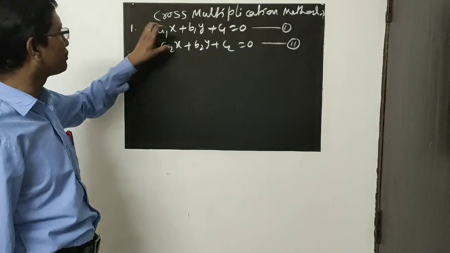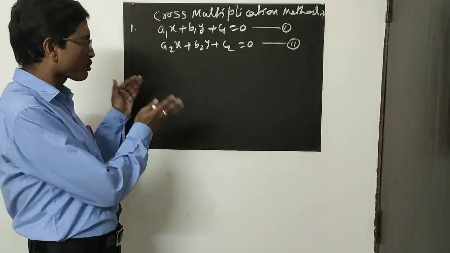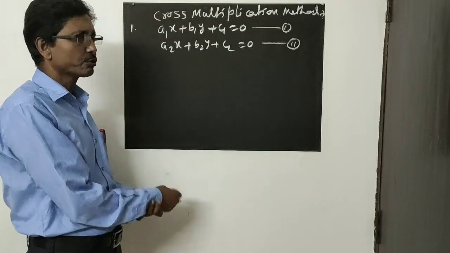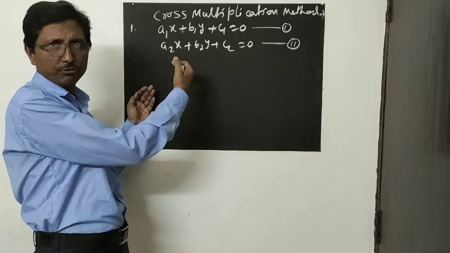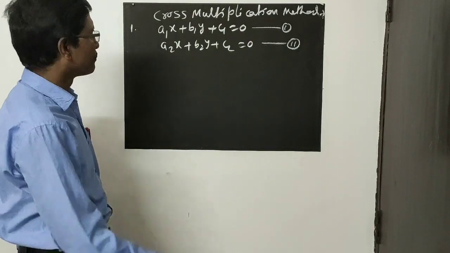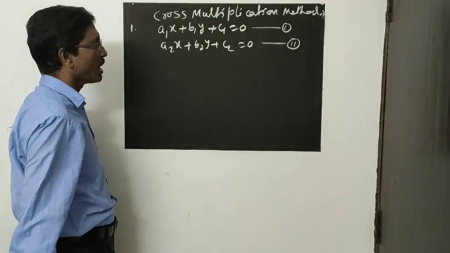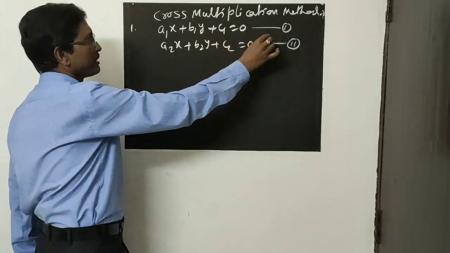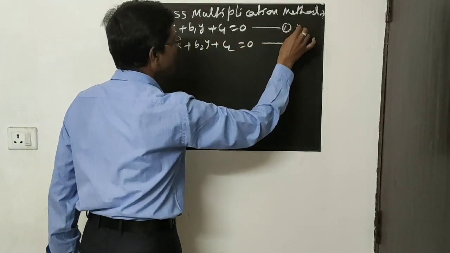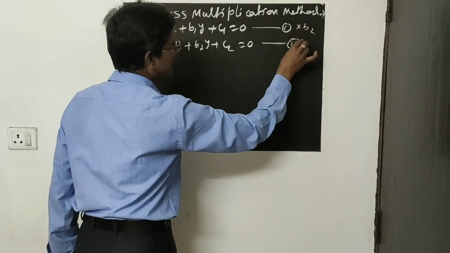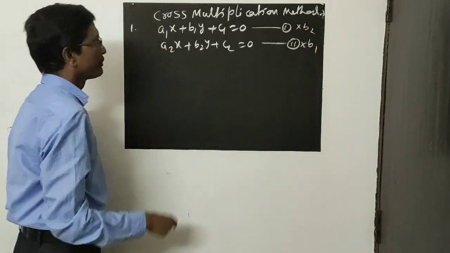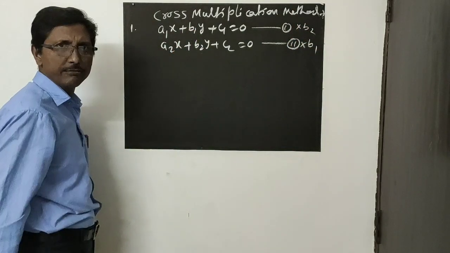Suppose before the cross multiplication you want to solve these by the elimination method, then you can derive that method. First, suppose you want to eliminate y, so you multiply the first equation by b2 and the second by b1, the coefficients of y to be eliminated.